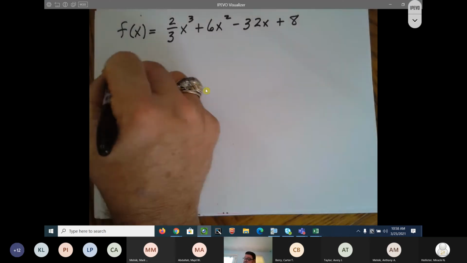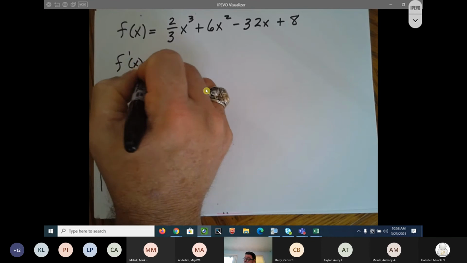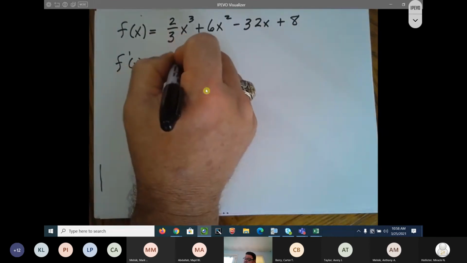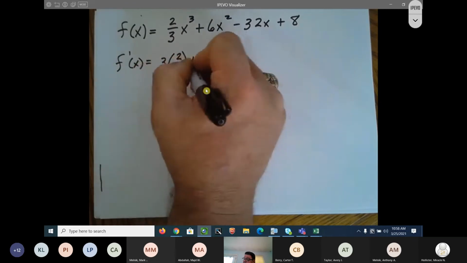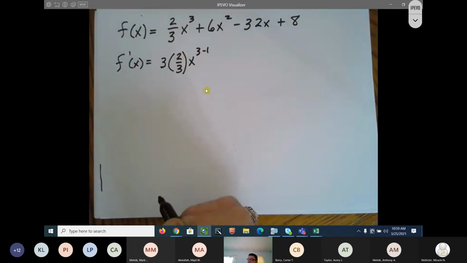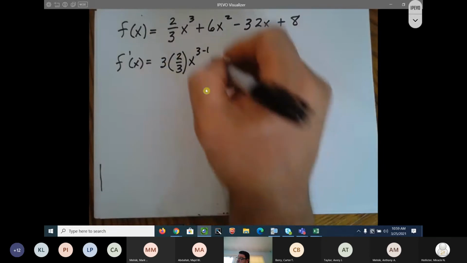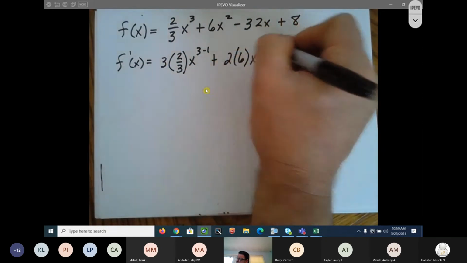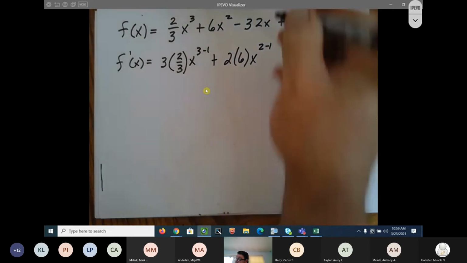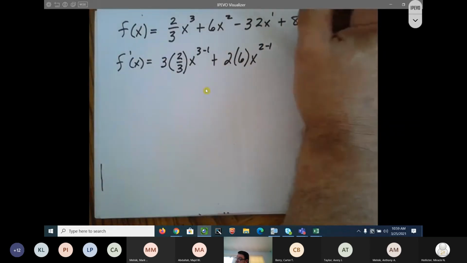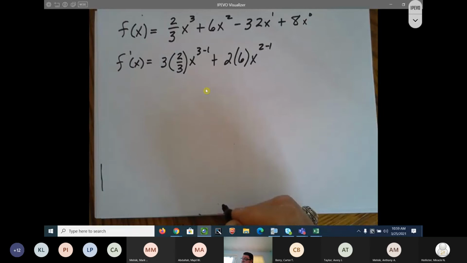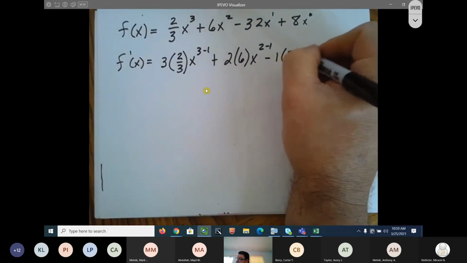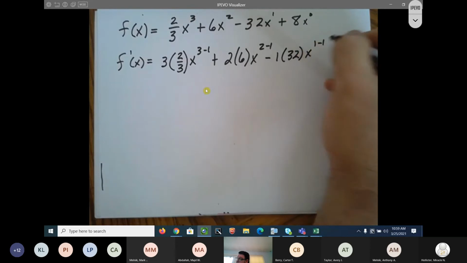So f prime of x is equal to 3 times 2/3 x to the 3 minus 1, plus 2 times 6 x to the 2 minus 1. This is to the first power, and this is to the 0 power, so that's minus 1 times 32 x to the 1 minus 1.